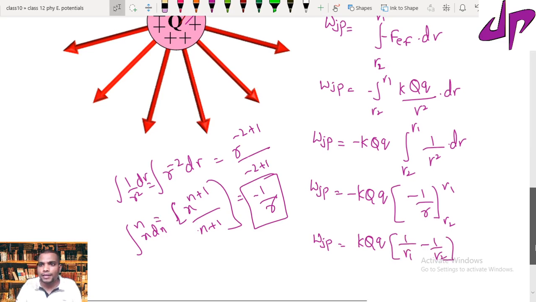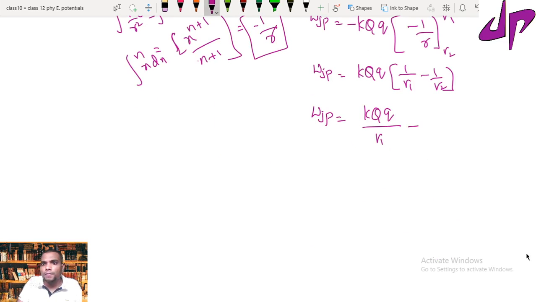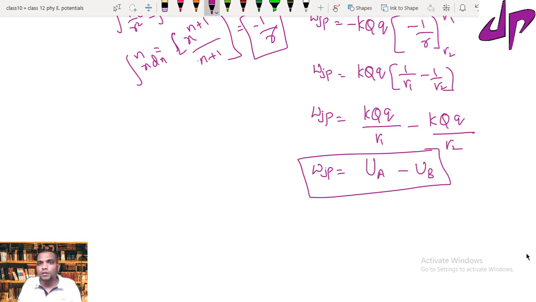So the work done by me equals KQq upon r1 minus KQq upon r2. I can write this as the potential energy at point A minus the potential energy at point B. So we can write the potential energy formula at a given point.